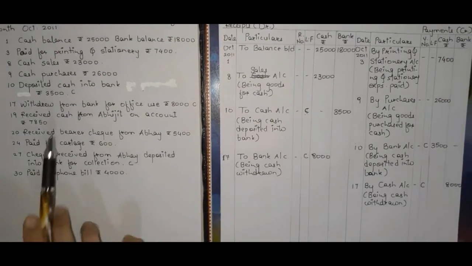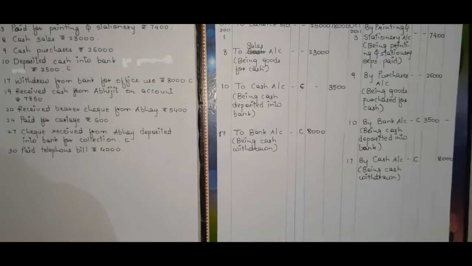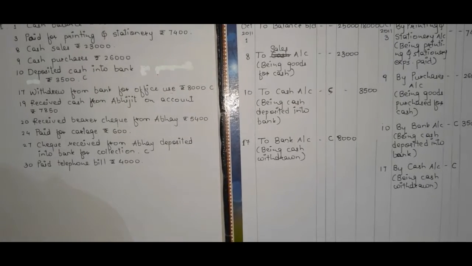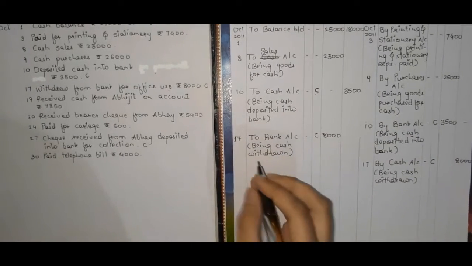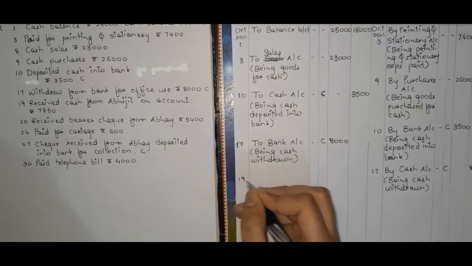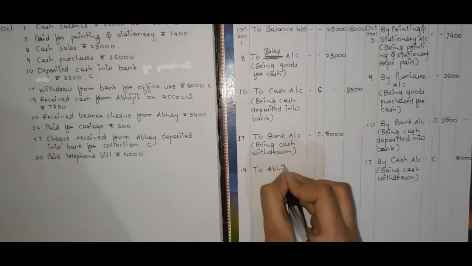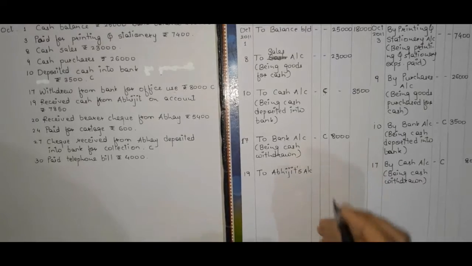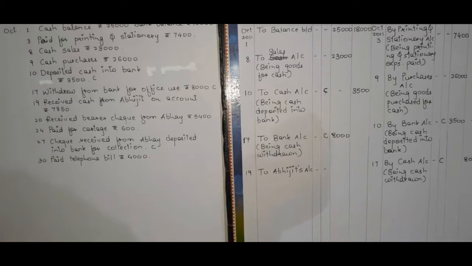Next one, on 19th, received cash from Abhijit on account rupees 7,850. Now here we have received that amount from Abhijit. So we will write in the receipts column on the debit side. The date 19th, to Abhijit's account. Since we are receiving it from Abhijit, so to Abhijit's account. No receipt number, no ledger folio number, neither is this a contra entry.